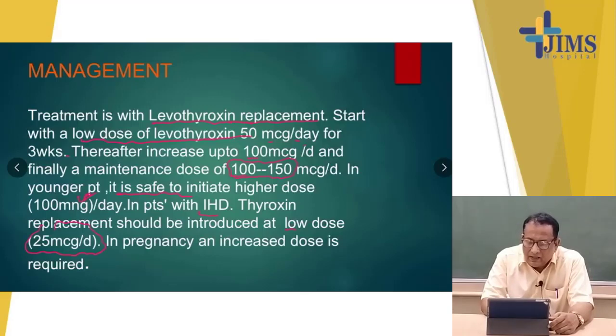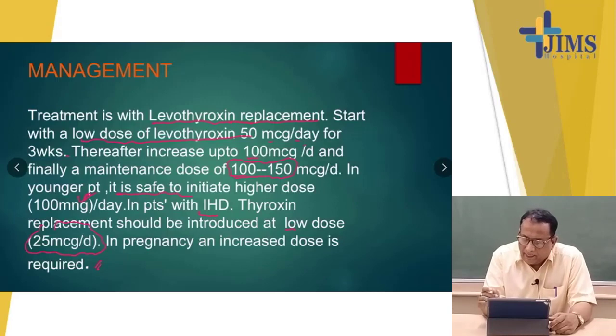But in pregnancy, increased doses are required. So this is how to replace the thyroid hormone: low dose then gradually increase, or in young patients you can give the proper dose, but in ischemic conditions you can start with low dose and gradually increase this hormone.